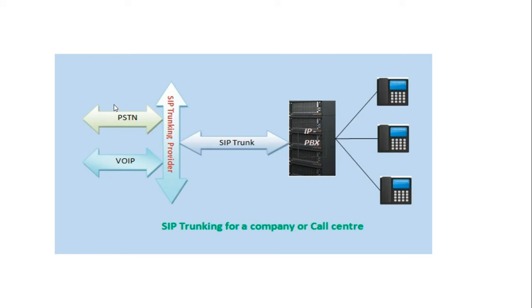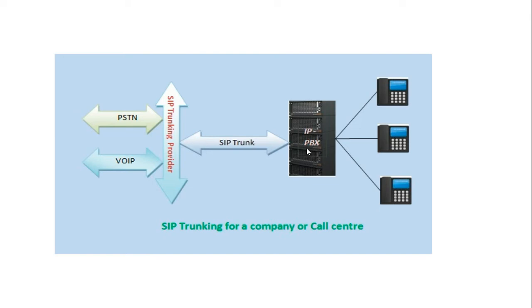Now, if you go through a diagram of how SIP trunking is done, here you will see your provider, like PSTN or web provider or any third party provider who is connected to real providers and can provide you a SIP trunk. Basically, these are telecom providers or third parties who have connectivity with the telecom.